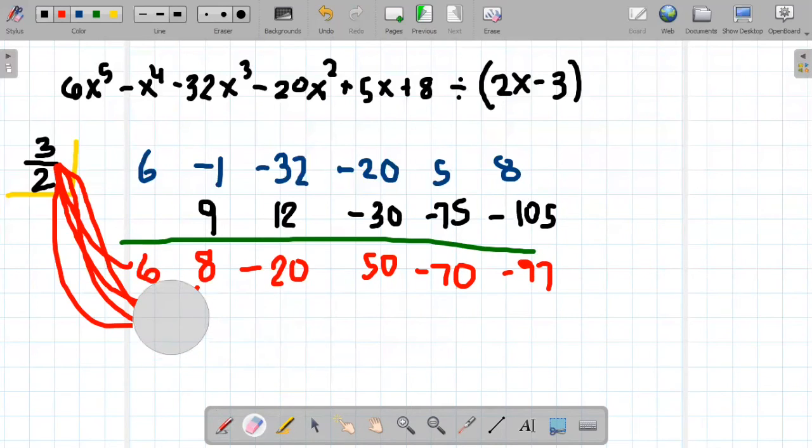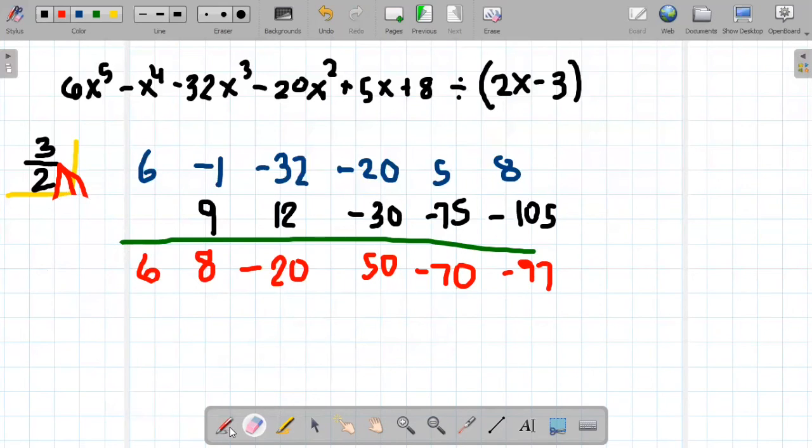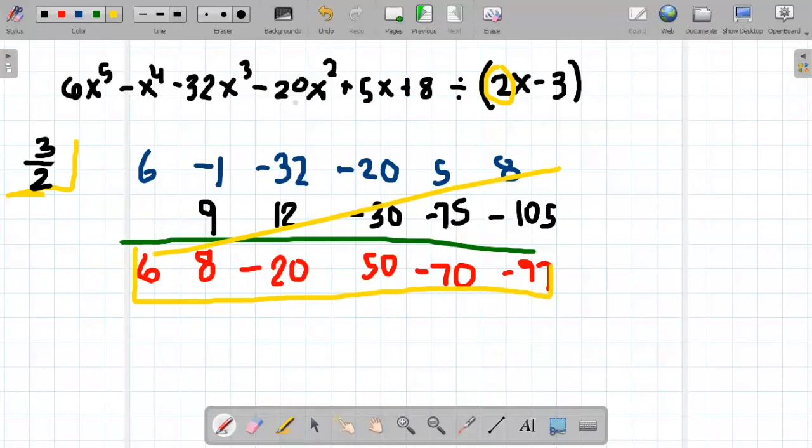But take note that what we did, this third row, this is the first row, second row, and then third row.